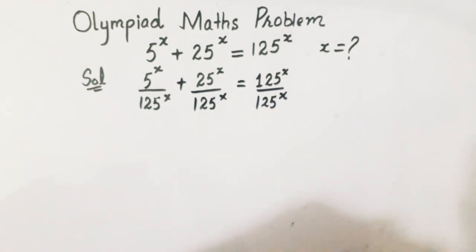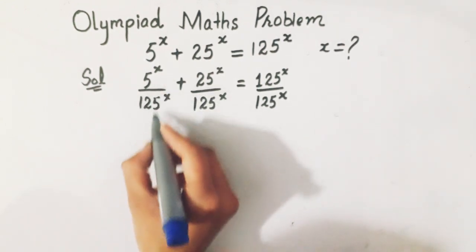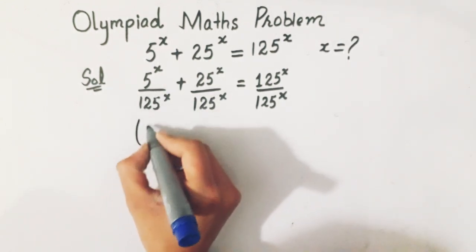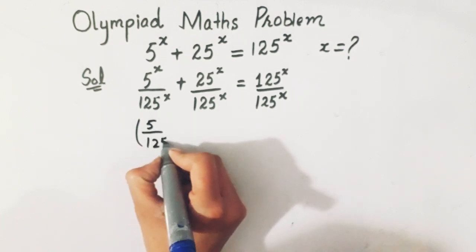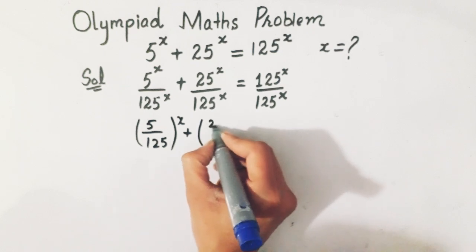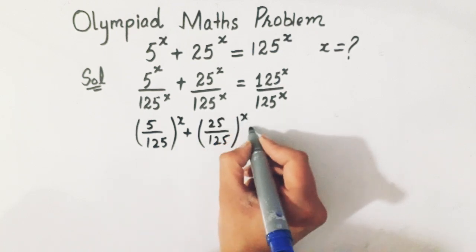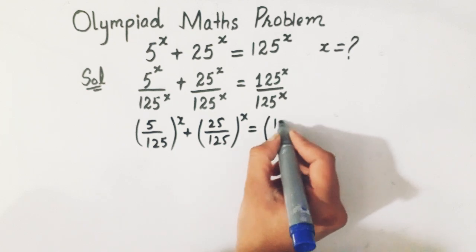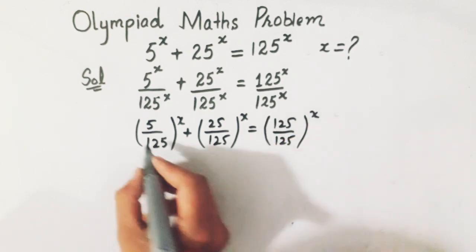Then now we will solve this further as, we can take x as common from this as the whole power. So 5 by 125 whole power is x plus 25 by 125 and whole power is x, and 125 divided by 125 and whole power is x.